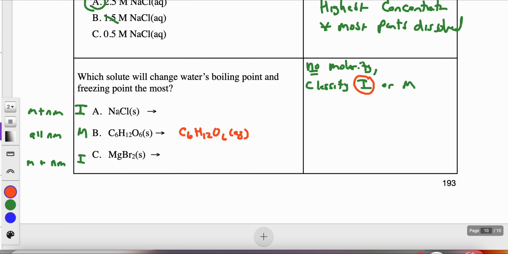Now, NaCl, it's ionic. It is a salt. So when you dump this into water, water rips the cation away from the anion. In this case, the Na is ripped away from the Cl. So for every unit of NaCl that is dumped into water, it produces 2 parts.